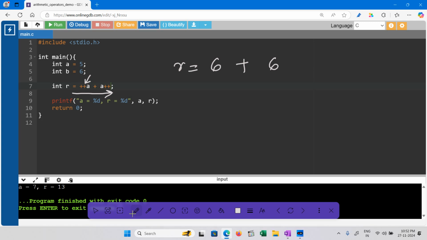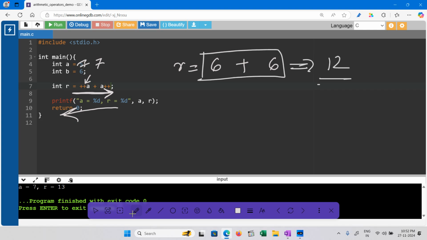So if I follow even this order, left to right, or right to left, every time I come to the conclusion that the value will be 12. But the result is 13, not 12. So I am now confused. Which order is actually going to be followed?